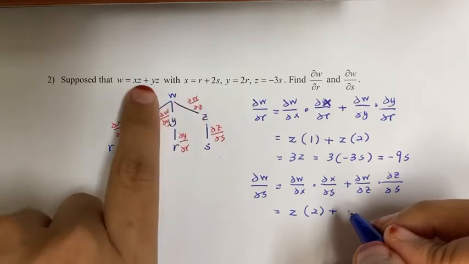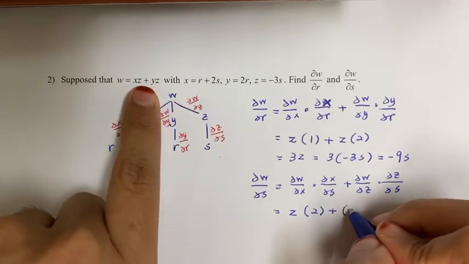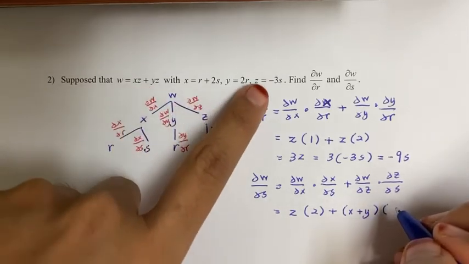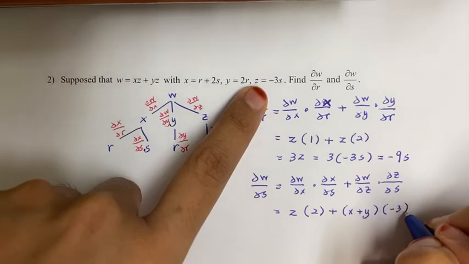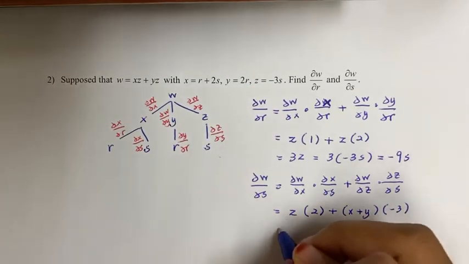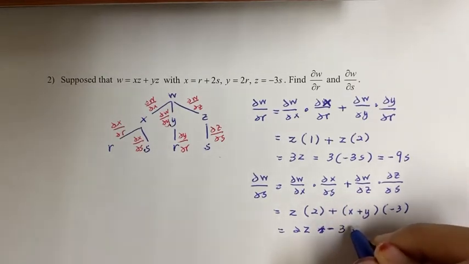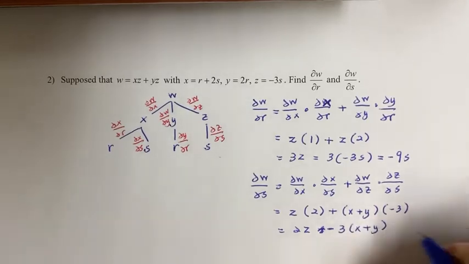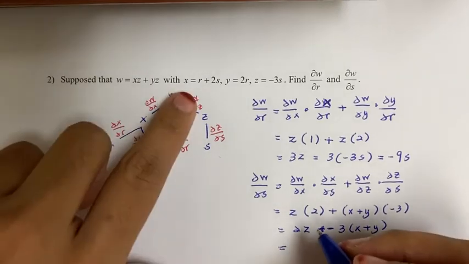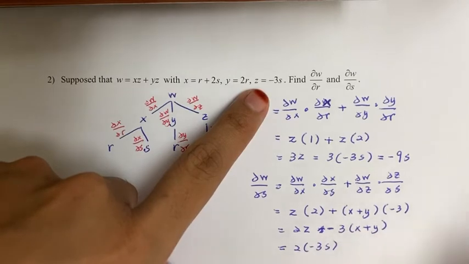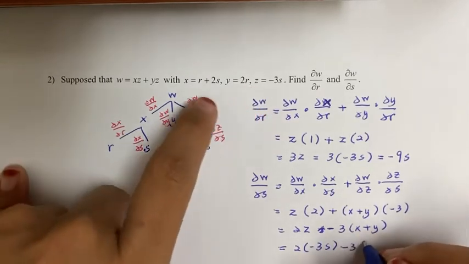Okay, so del W over del Z, you have X plus Y multiplied by del Z over del S is minus 3. So you have here 2Z plus, or this is minus 3x plus y. Then what you need to do next is to substitute x, y and z. So 2z, 2 multiplied by negative 3s minus 3x plus y.